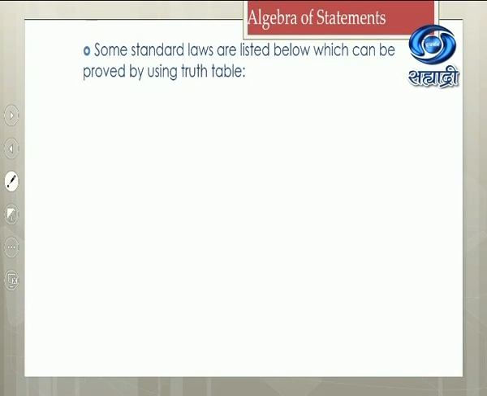Now we move on to the next topic, which is algebra of statements. Some standard laws are listed below which can be proved by using truth tables. Idempotent laws: P or P is equivalent to P, P and P is equivalent to P. Whenever the same statement is repeated with conjunction or disjunction, we get the original statement itself.